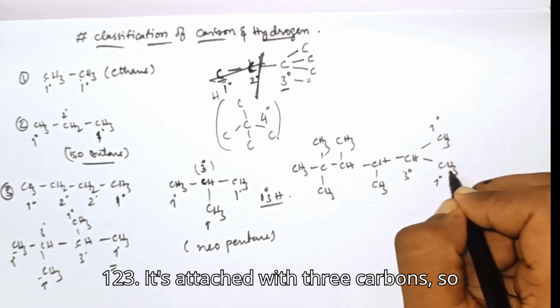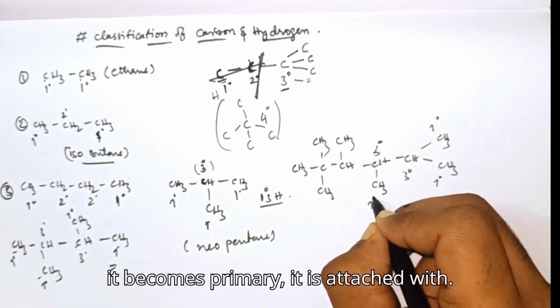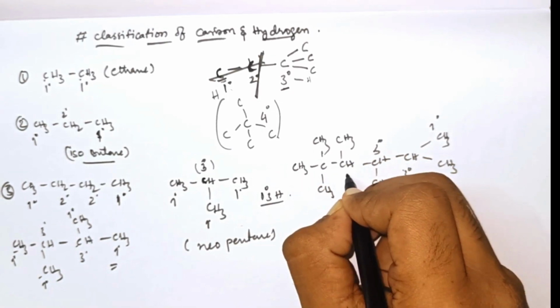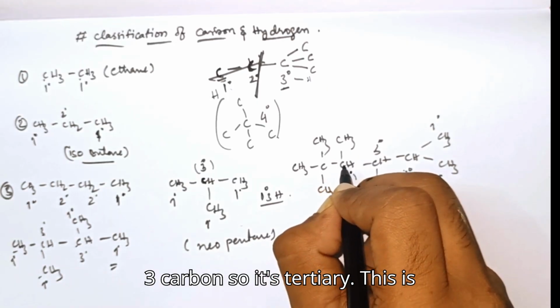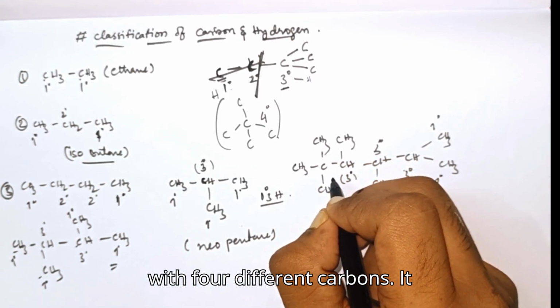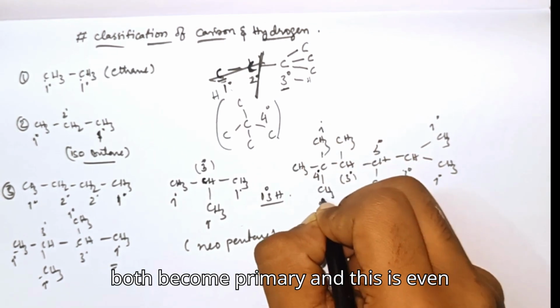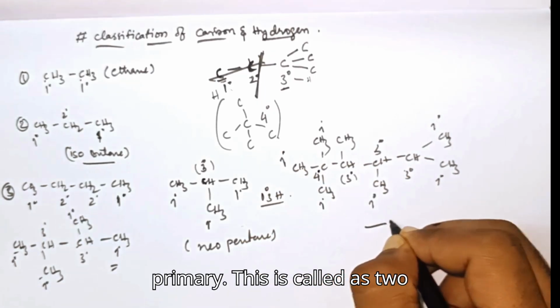It's attached with three carbons, so it's tertiary. It becomes primary. It is attached with three carbons, so it's tertiary. This is quite interesting because it is attached with four different carbons. It is quaternary, and these both become primary, and this is even primary.